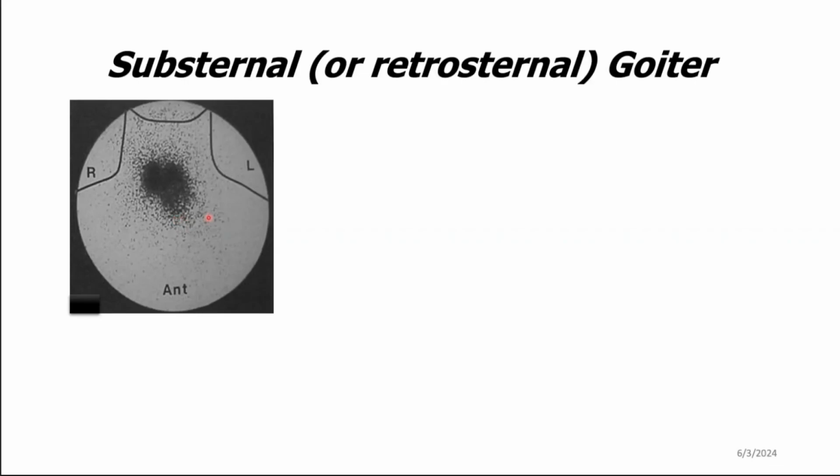Because on other imaging such as chest X-ray, for example, we will see the effect of this enlargement. How? We will see deviation of the mediastinal structures, deviation of the trachea to the other side, or maybe something that looks like a mass on X-ray. So it is important to know if the patient has retrosternal goiter or not.